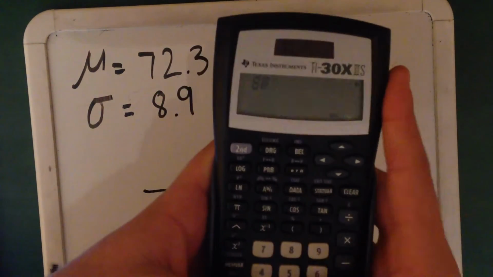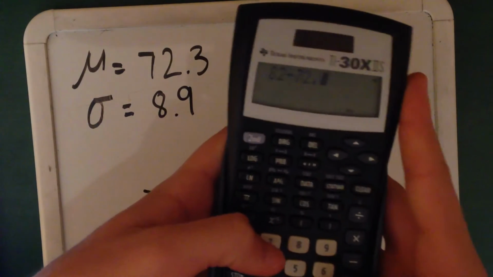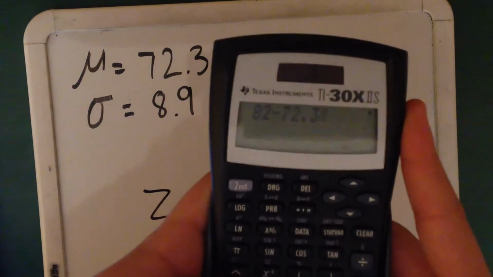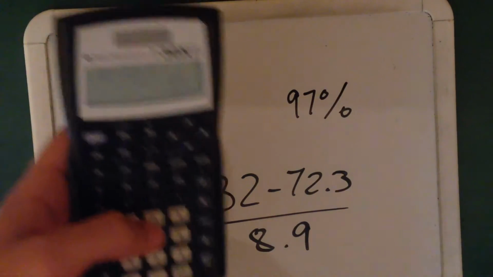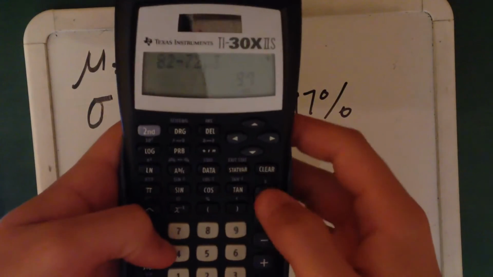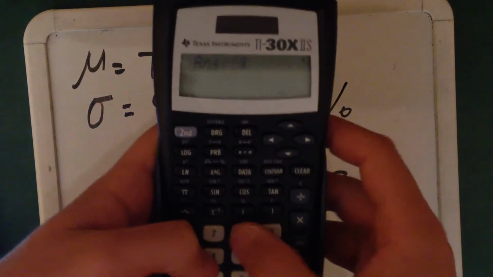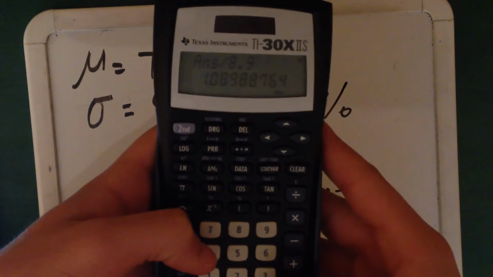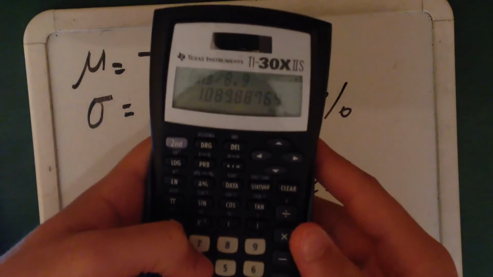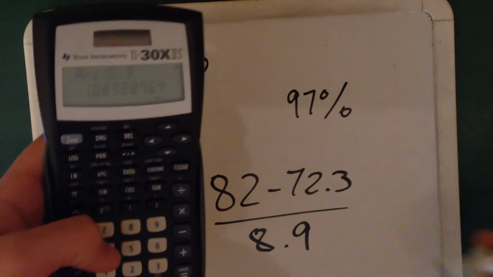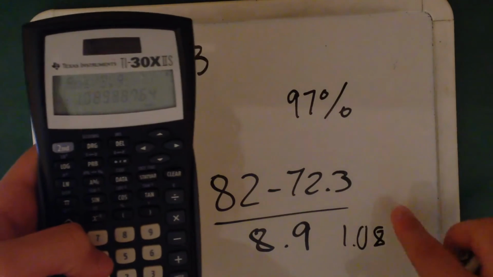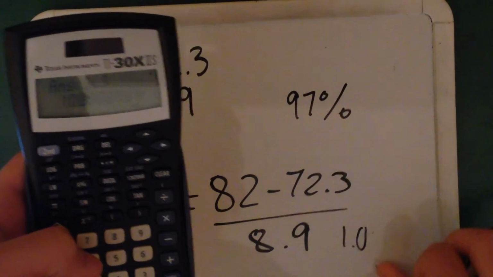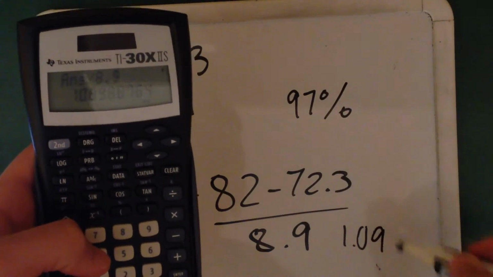Now, 82 minus 72.3 is 9.7 divided by 8.9. That'll be 1.089, so 1.09.